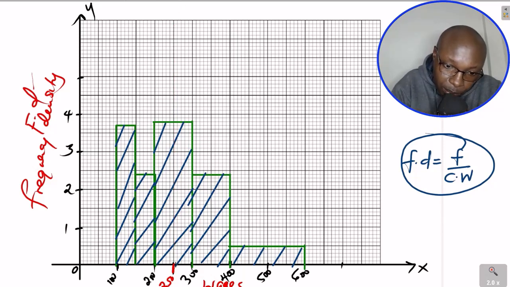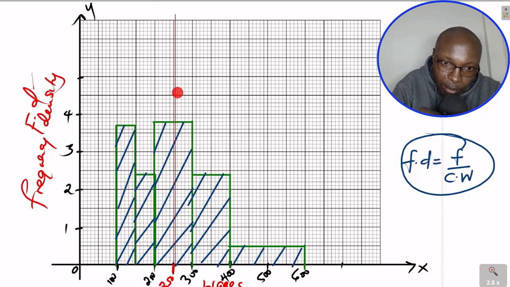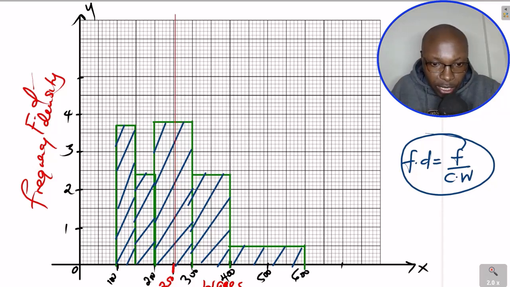We estimate it properly, not 257 exactly, somewhere there. This is where the median class will lie. So we've drawn that vertical line. This is 250, and when you go to the next small box, 260. So 257 is somewhere between that small box, and that is where it lies. So we've done that part.